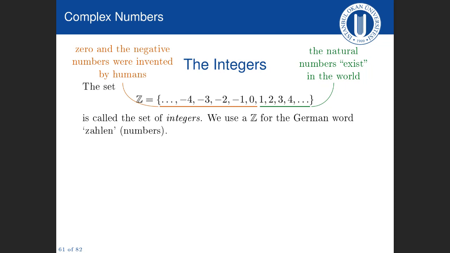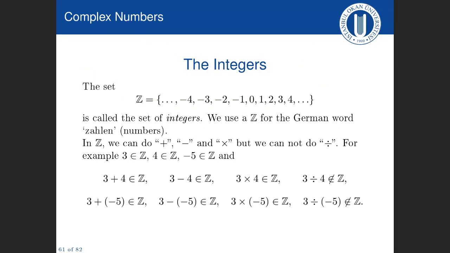It's not possible to have -3 cakes. But we accept this because we've been studying negative numbers and 0 at school and at university for so many years. We're happy with them. Most people forget that 0 and the negative numbers are invented by humans. They just think of them as normal numbers.